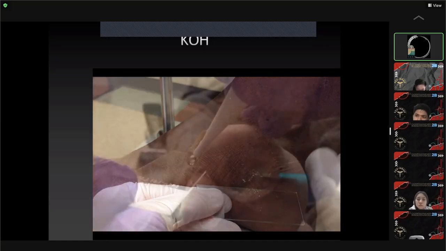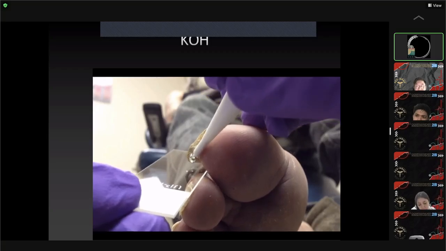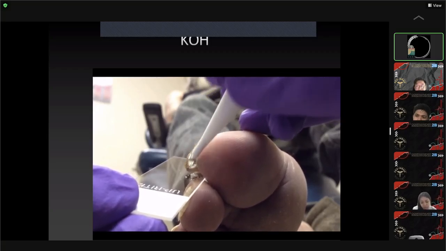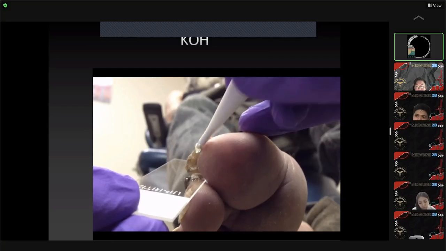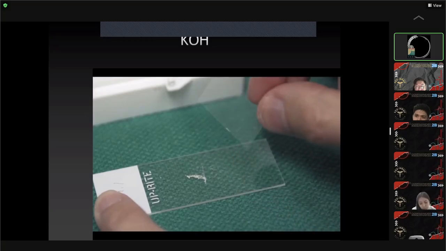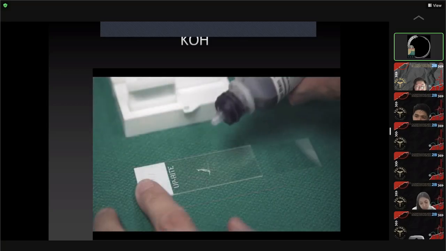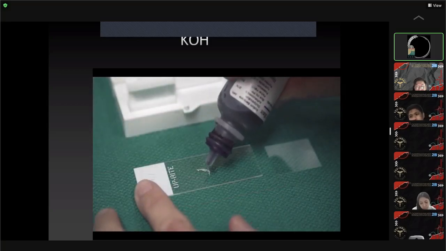A sharp skin curette is a very useful tool for scraping subungual keratosis or nails looking for onychomycosis. A cover slip may be used to move the scrapings into the center of the slide before applying KOH. In this case, a fungal stain with KOH is being used.